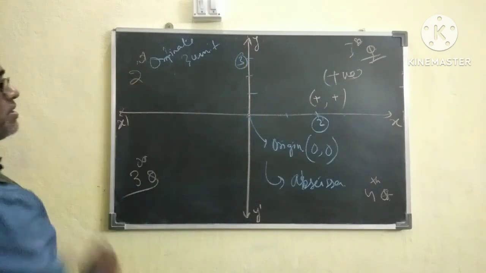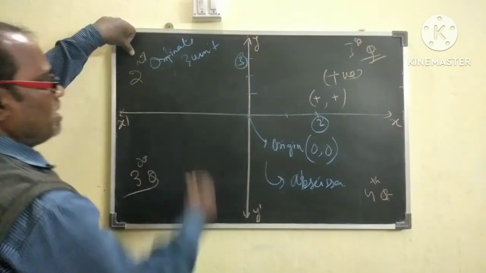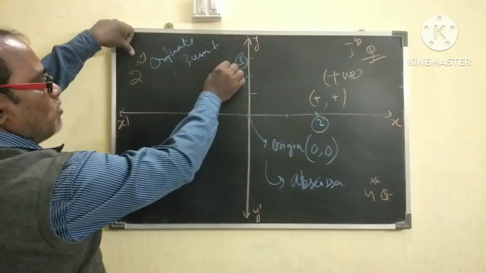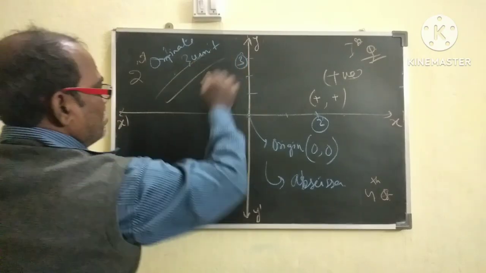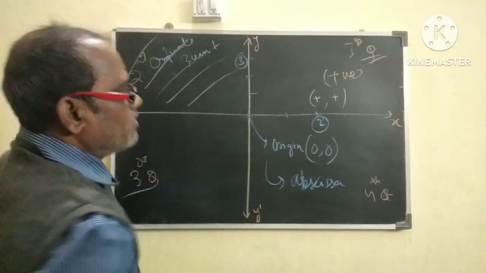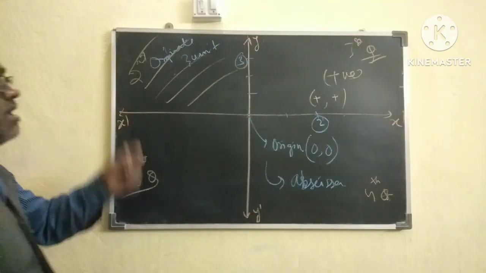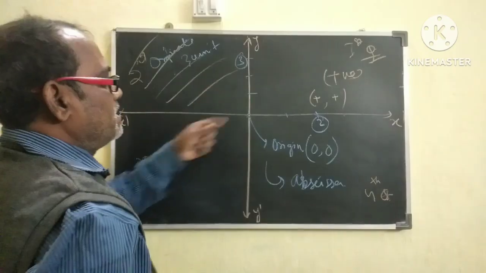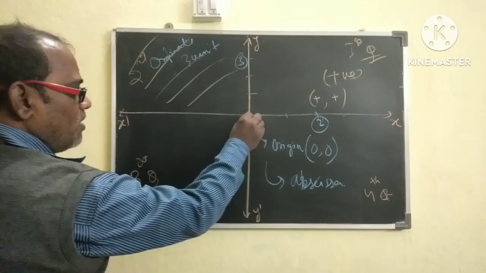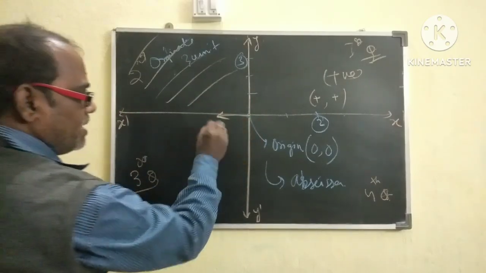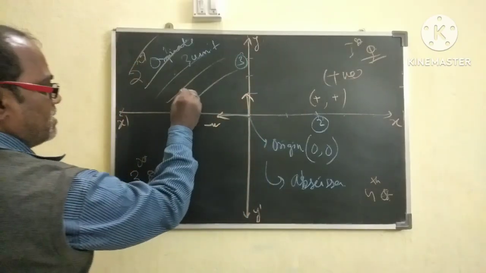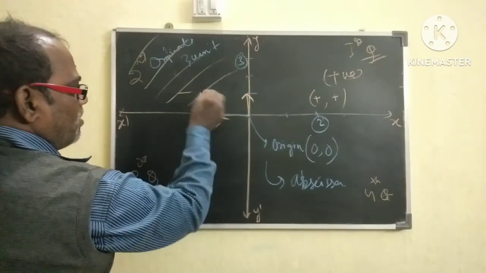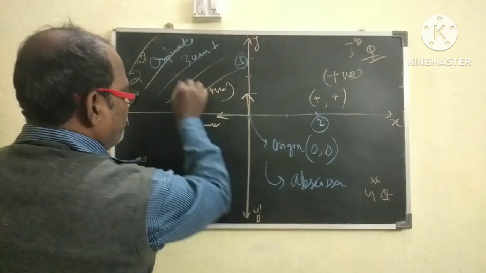Here in this section there is the second quadrant. Whatever points are located over this segment are in the second quadrant. In the second quadrant, from this side when we go, it is negative and here it is positive. So x will be negative and y will be positive.